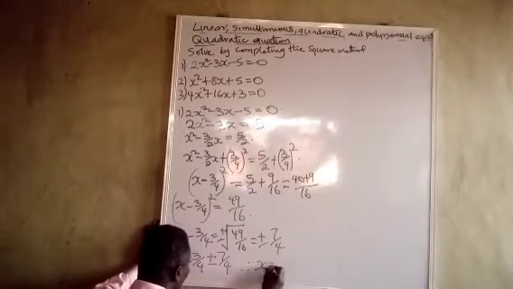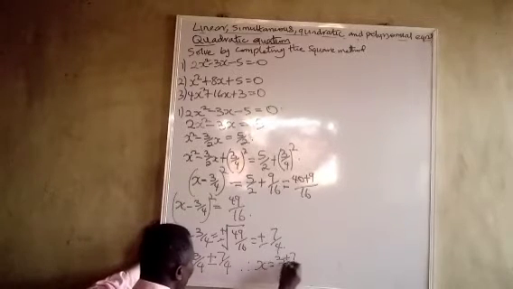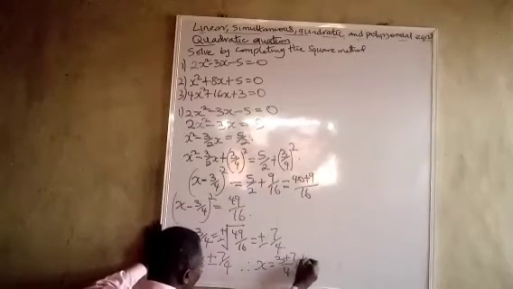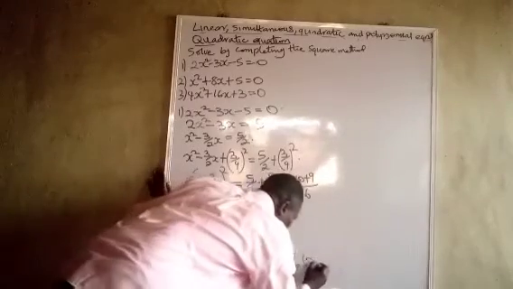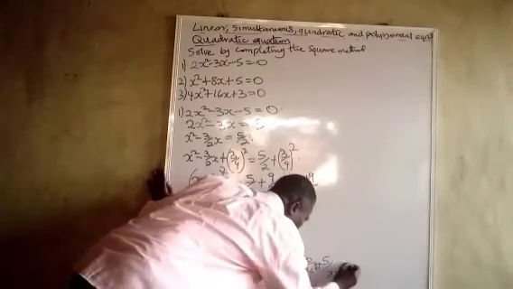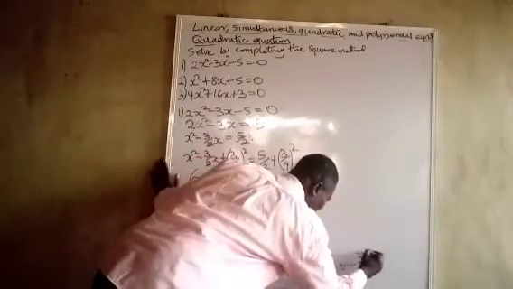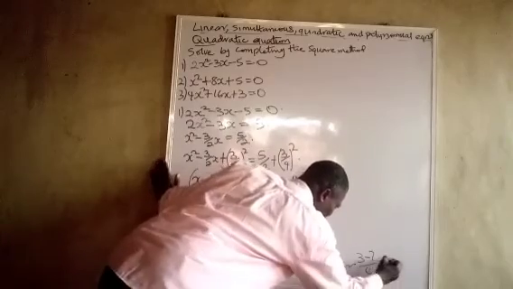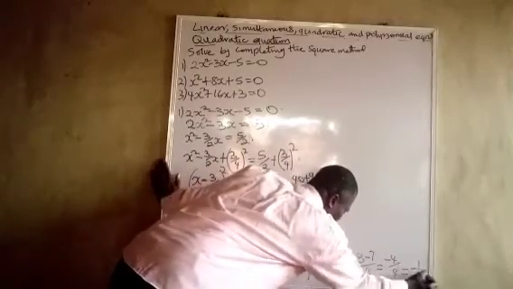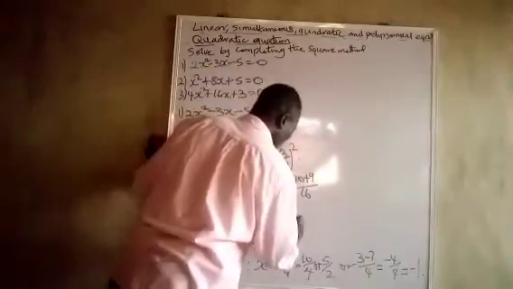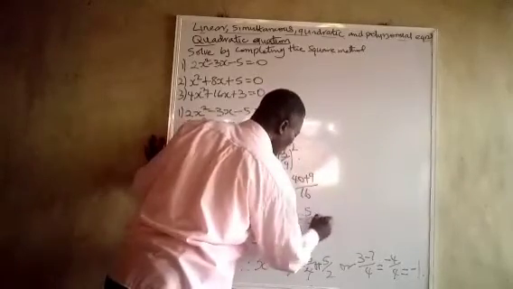Therefore, x will be equal to 3 plus 7 over 4, which is 10 over 4, or 5 over 2, or 3 minus 7 over 4, which is equal to minus 4 over 4. That is minus 1. So x is either 5 over 2 or minus 1.